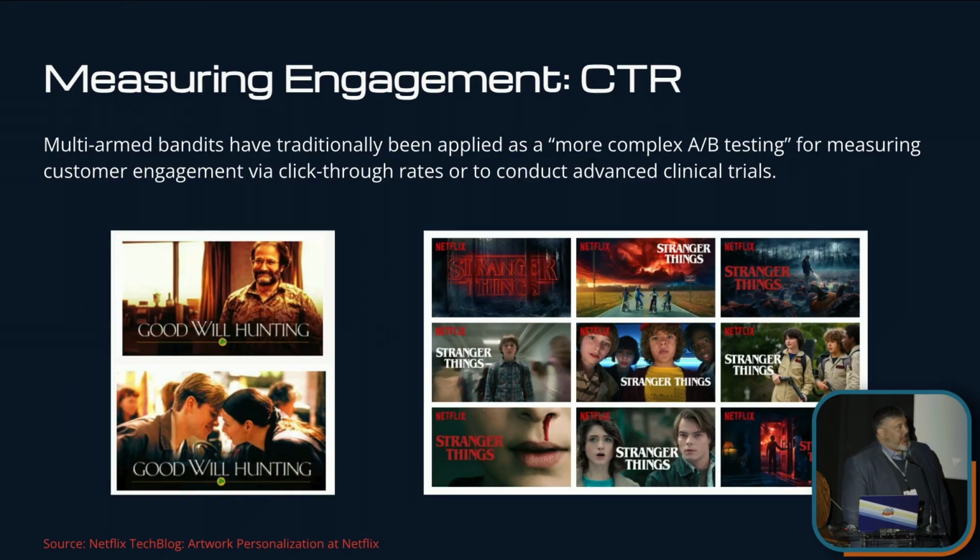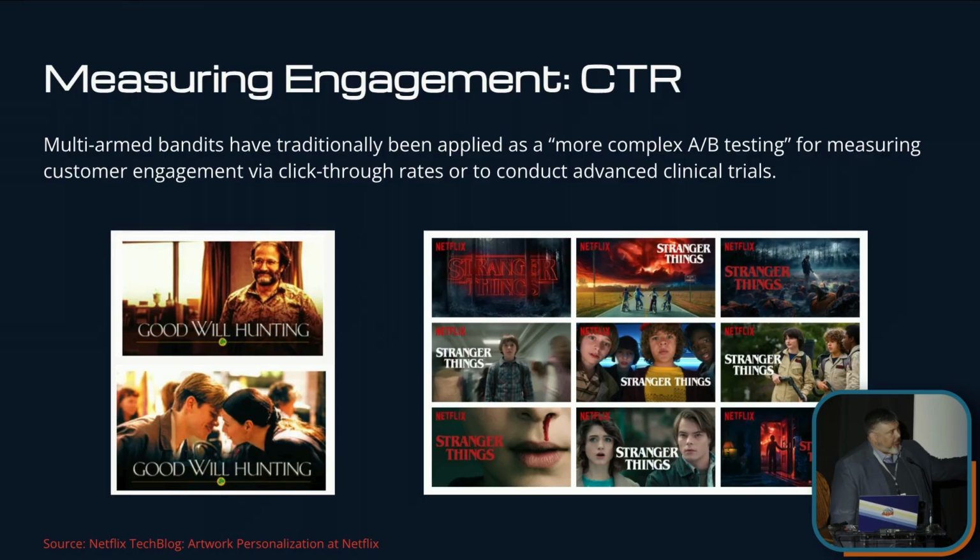Where you will commonly see or hear about multi-armed bandits is click-through rates, right? And measuring engagement, right? So this is the primary thing. I'm sure everyone here has heard of A/B testing. Multi-armed bandits are usually considered as more complex A/B testing, right?